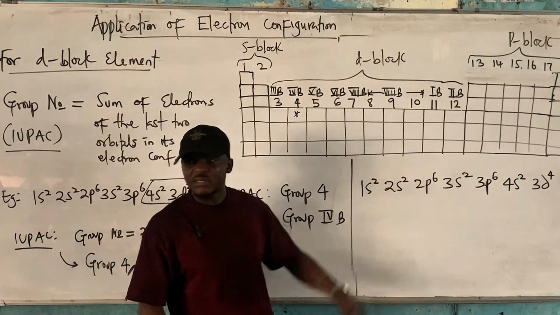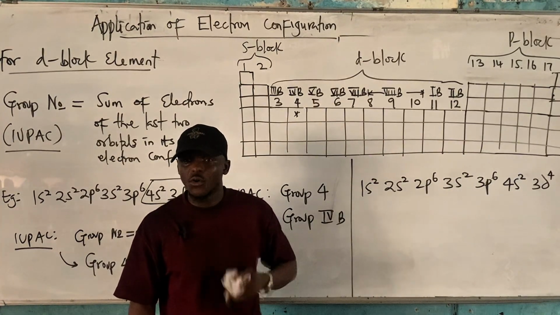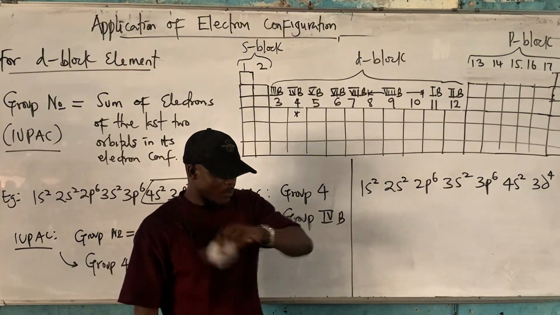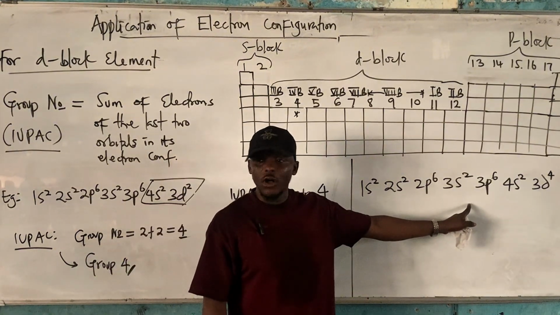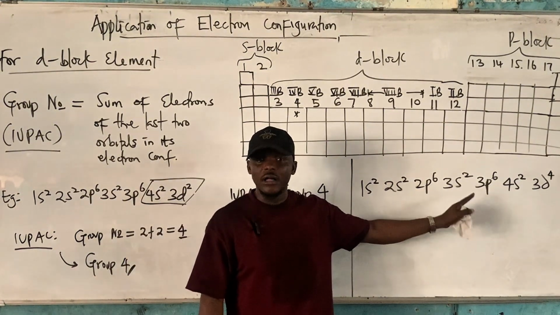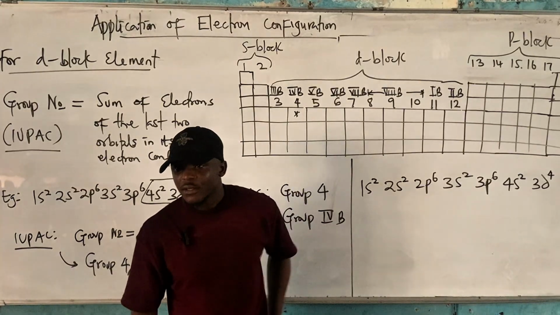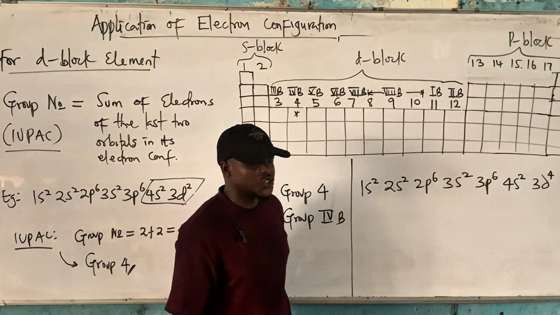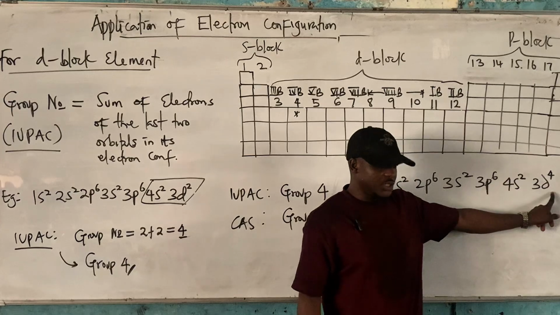Imagine you're given something like this, 1s2, 2s2, 2p6, 3s2, 3p6, 4s2, 3d4, to give the group number. Is this element a p block, d block, or s block element? Because the last electron entered into the d orbital.